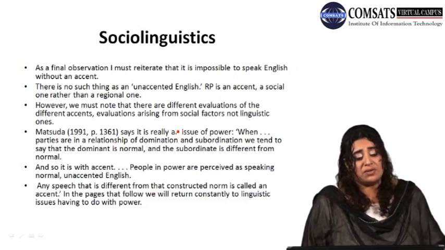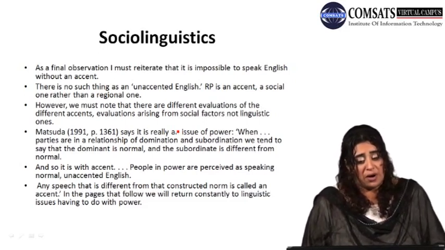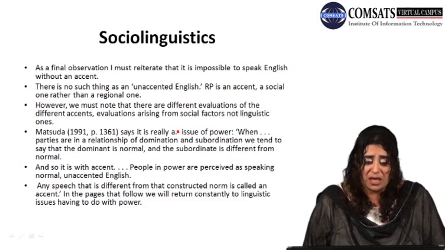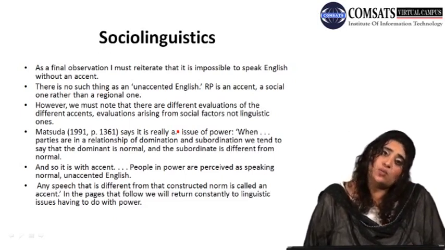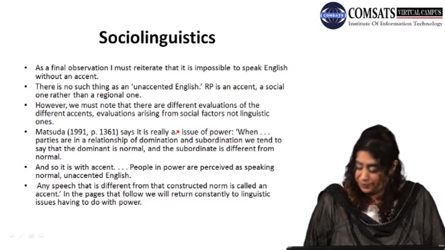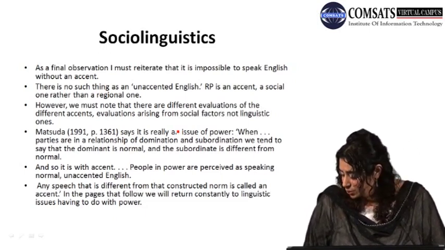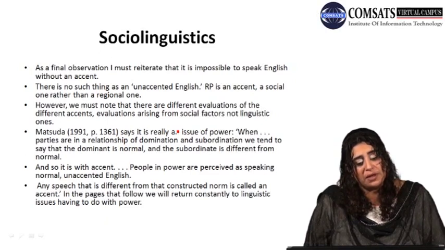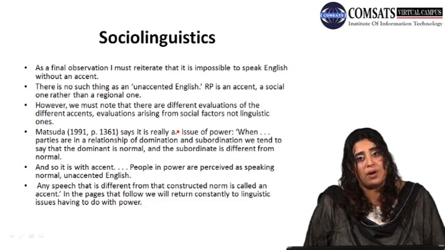However, we must note that there are different evaluations of the different accents, evaluations arising from social factors, not linguistic ones. Matsuda in 1991, page 1361, says it is really an issue of power.